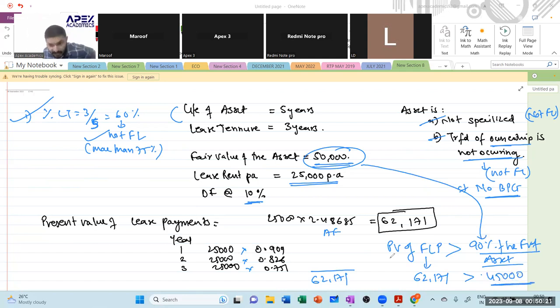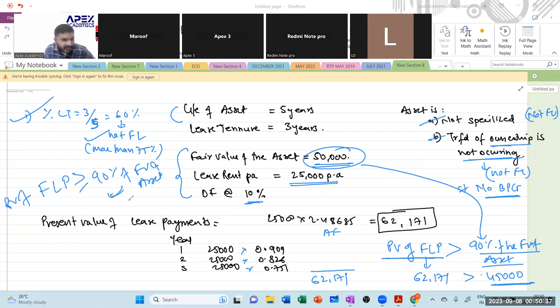The present value of future lease payment is greater than even 100% of the fair value of the asset. So the condition is satisfied, and therefore it is a finance lease.